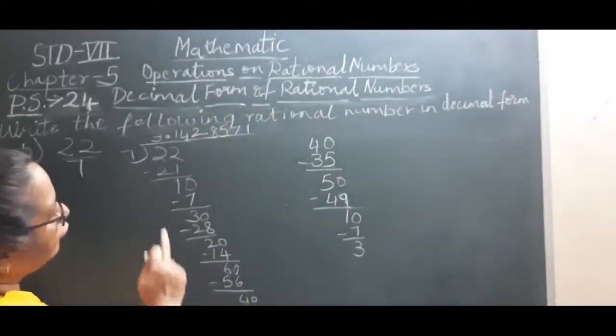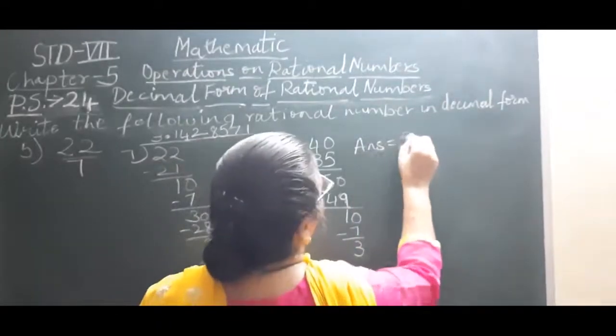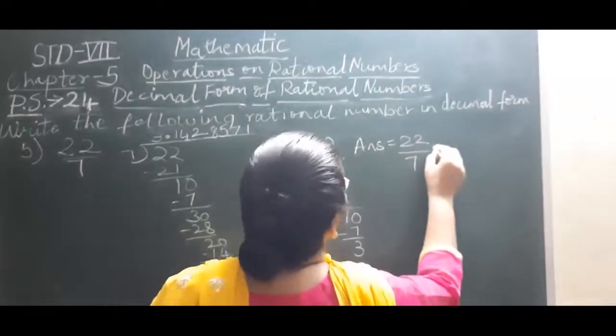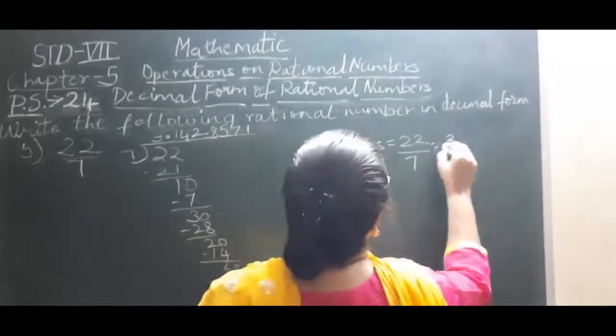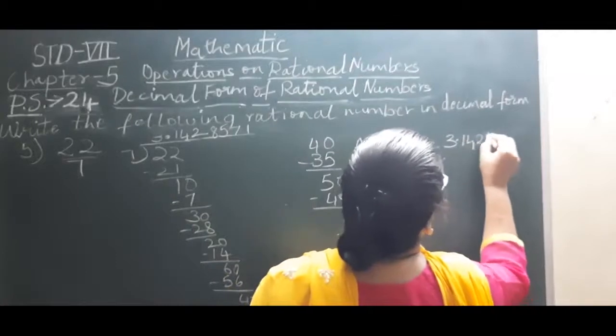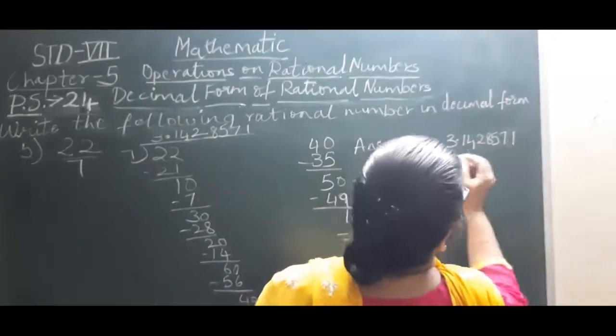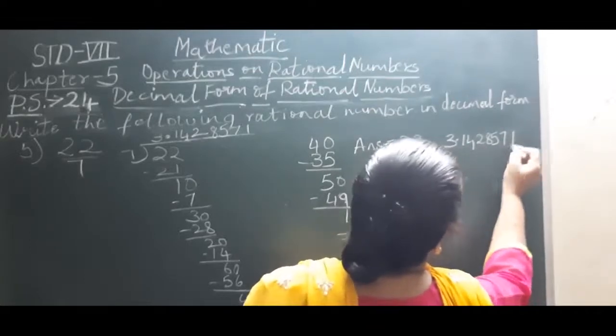So the answer for the fraction 22 by 7 is 3.1428571. This is repeating. 1 is repeating here again.